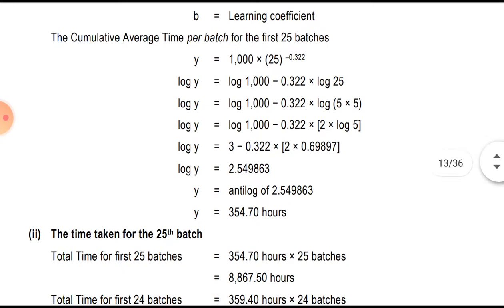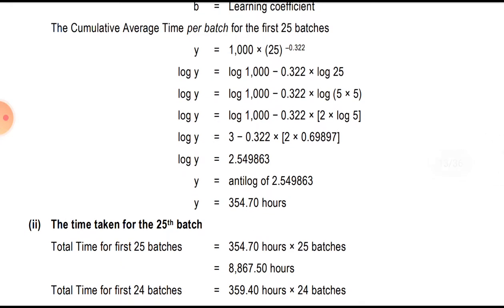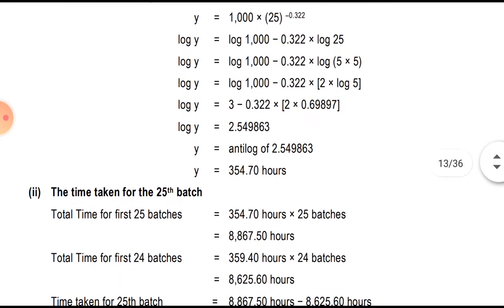I generally prefer doing it on the calculator because logs sometimes go above my head. So you can directly write the solution, that is y is equal to 354.70. But on the calculator you won't get 0.70 exactly, you might get 5 or 6, but that will be okay.